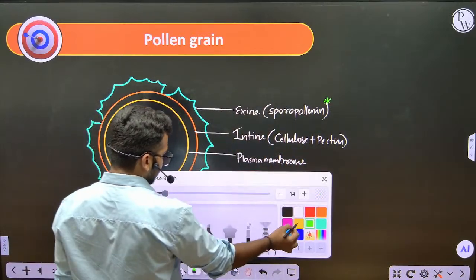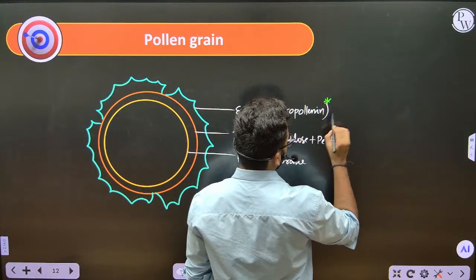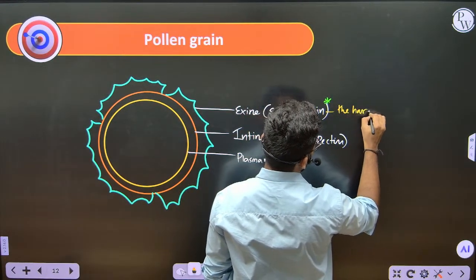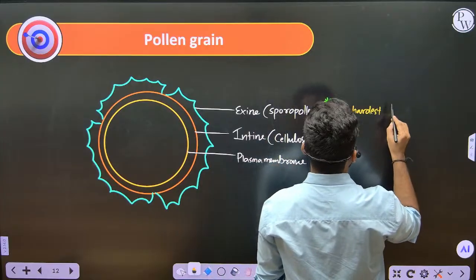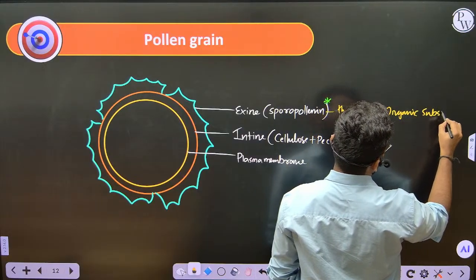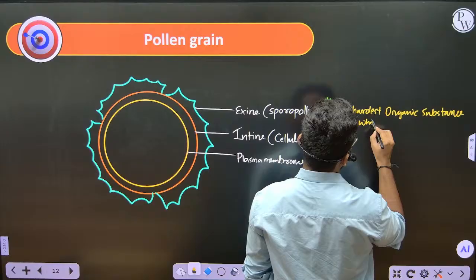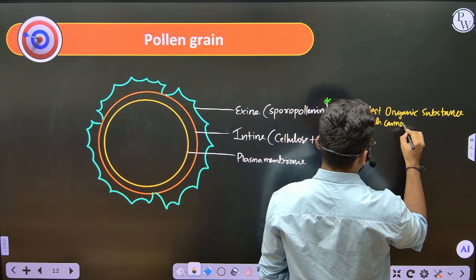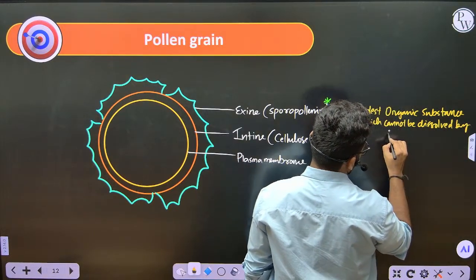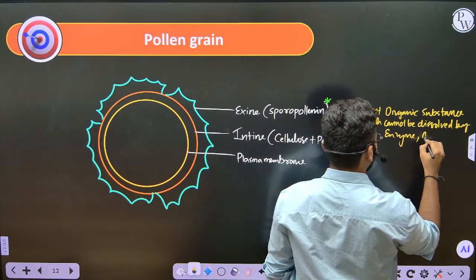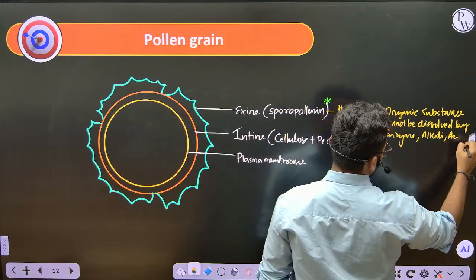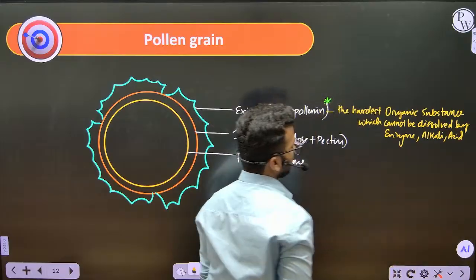The thing about sporopollenin is, it is the hardest organic substance which cannot be dissolved by enzyme, alkali, or any acid.